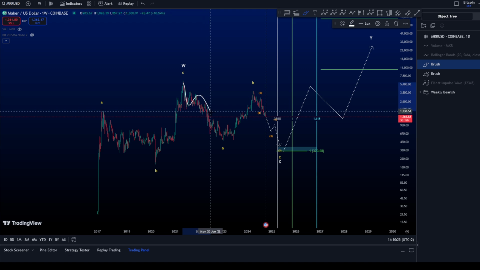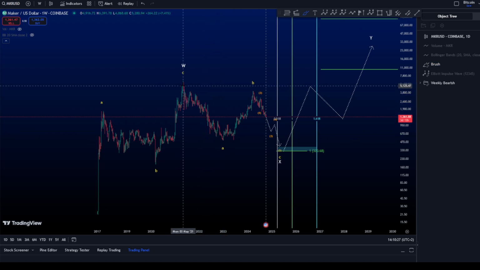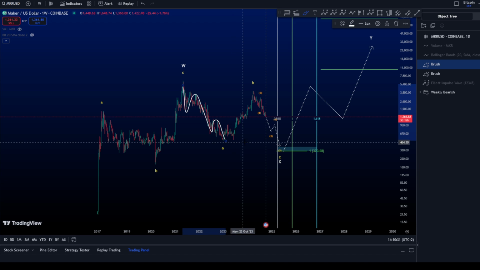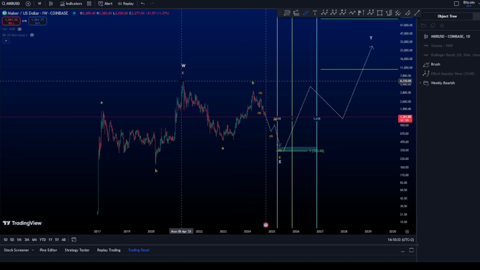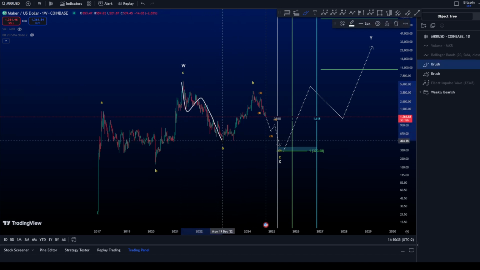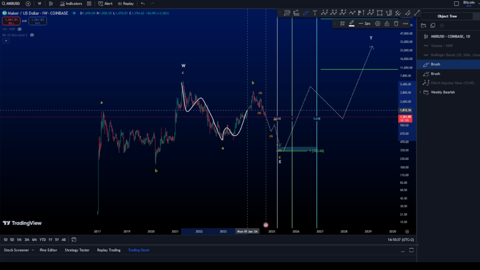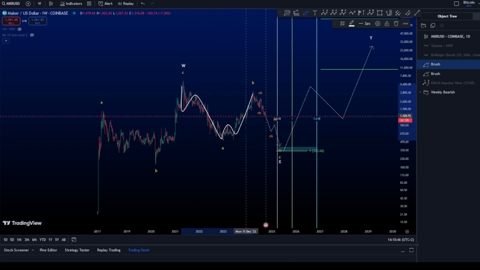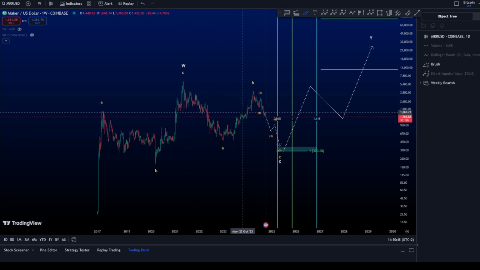So after this, we are looking again here for a potential impulse 1, 2, 3, 4, 5. Potentially, it can even be considered as 3 waves, so it doesn't matter here. You possibly have also A, B, and a C, very like opposite 3 waves.